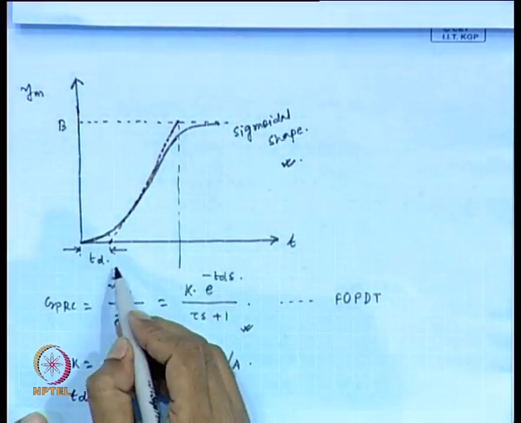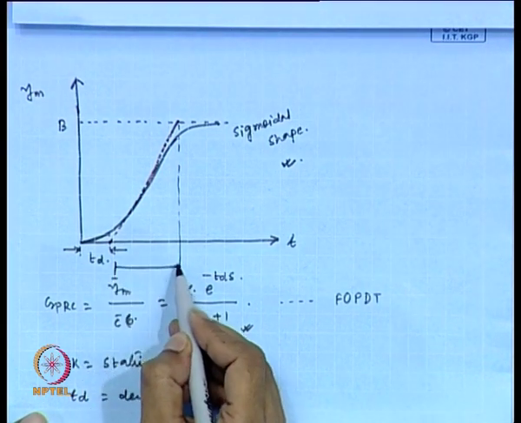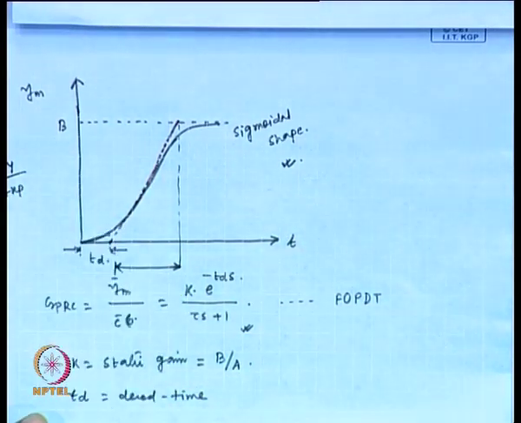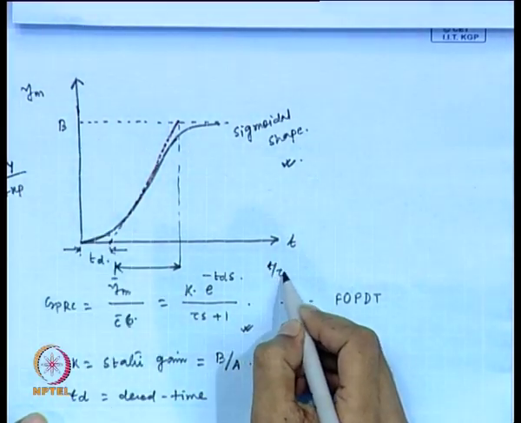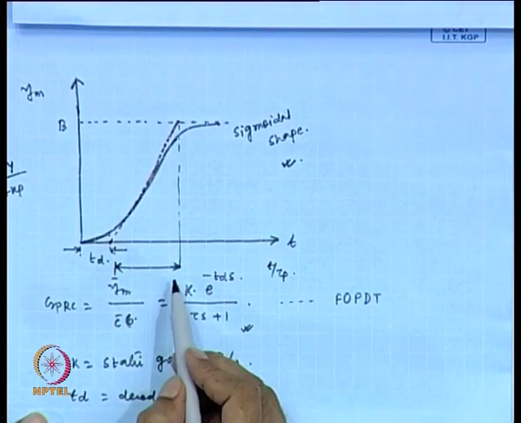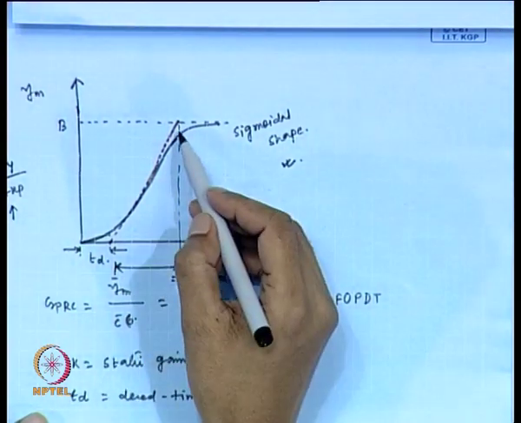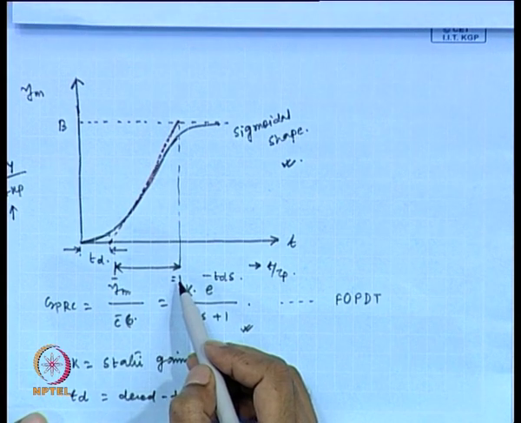Now, how much is this quantity? For a first order system, we plotted y divided by AKp versus t divided by tau p, and we obtained at t divided by tau p equals 1 this quantity equals 1.